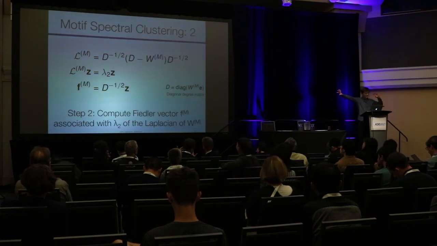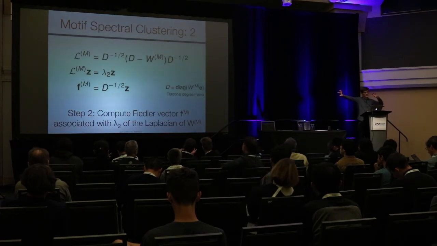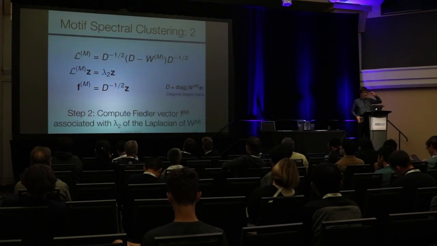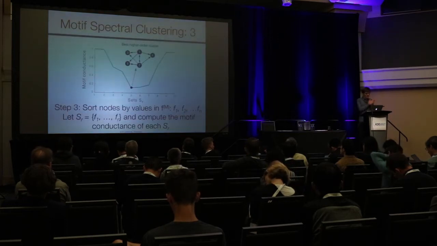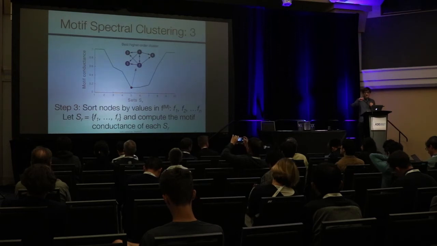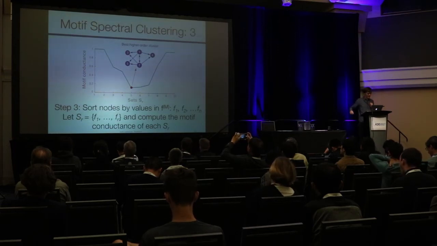The dimensionality of that eigenvector is the number of nodes in the network. So I can think of every coordinate of that vector as a label, as a value for every node of the network. And what I can do now is order my nodes based on their coordinate in the eigenvector.